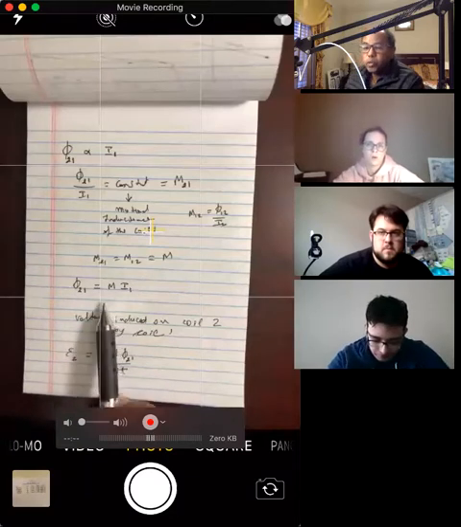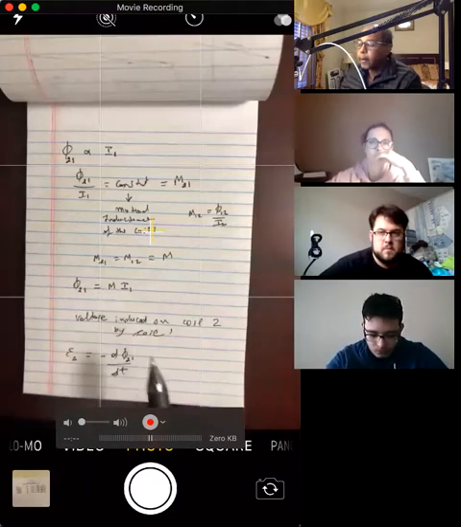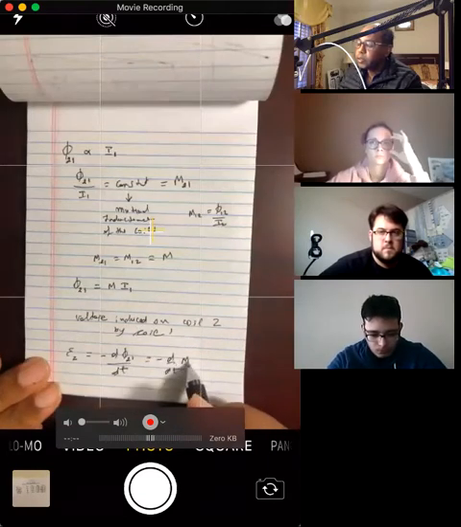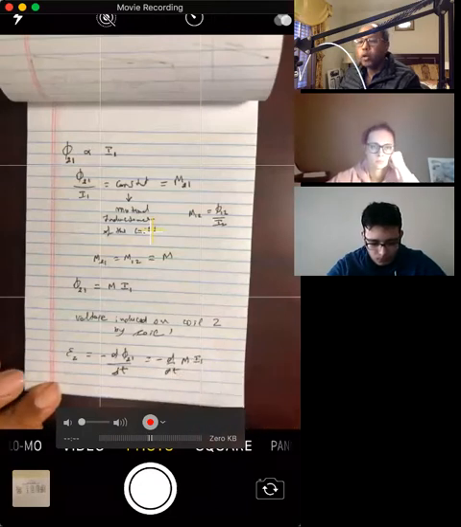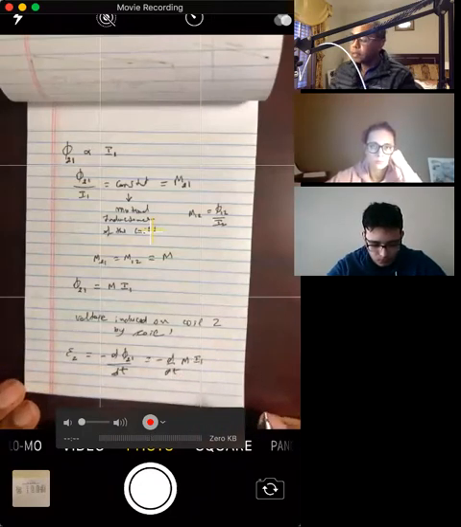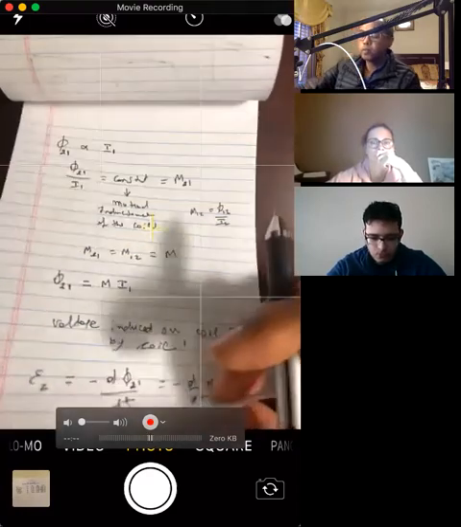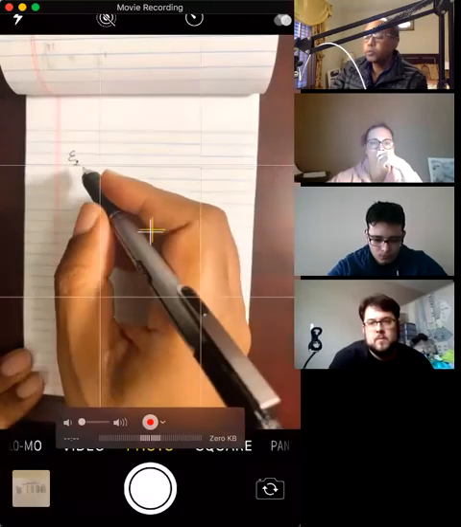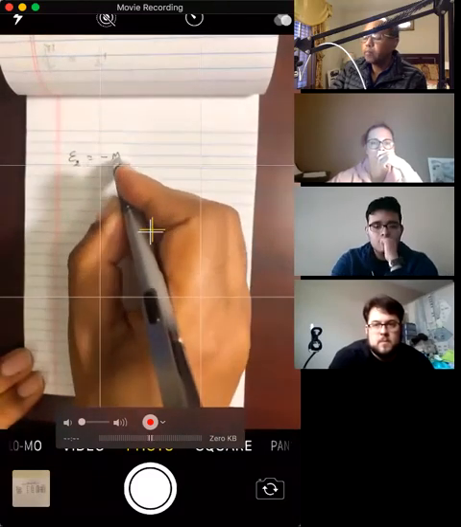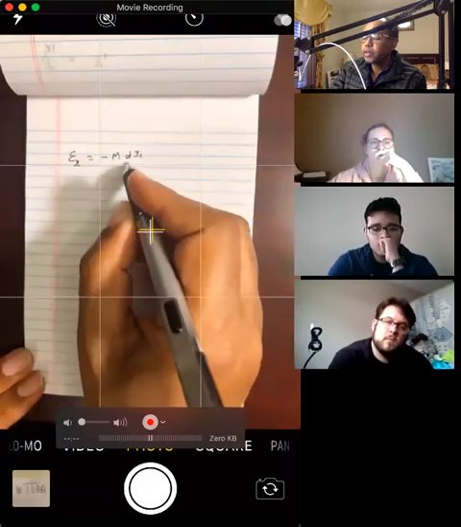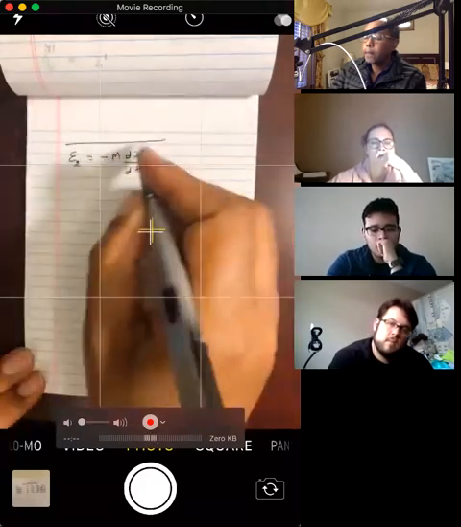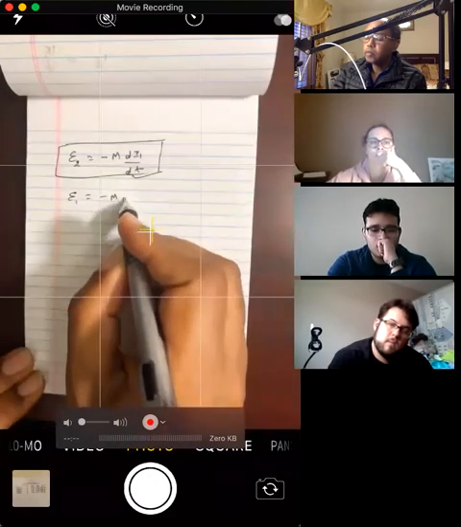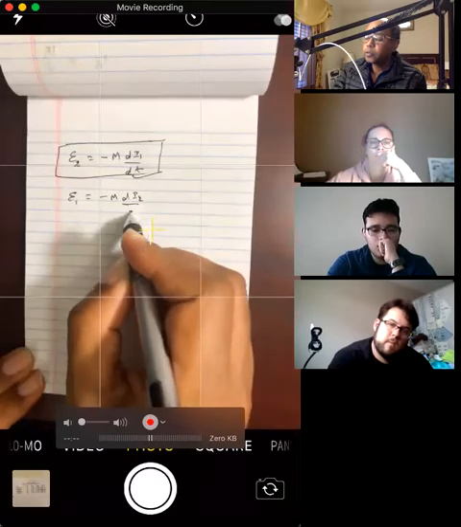But this flux is the mutual inductance times the current in 1. M is a constant, so the voltage induced on coil 2 by 1 is negative M times the derivative of the current in coil 1. You can do the same thing for E1: E1 would be negative M times the derivative of I2 with respect to time.